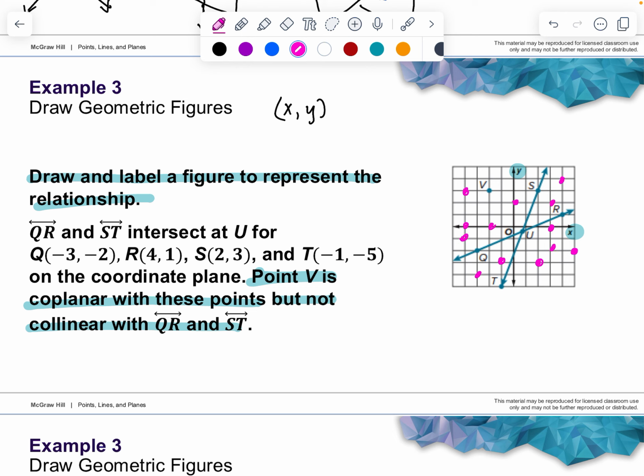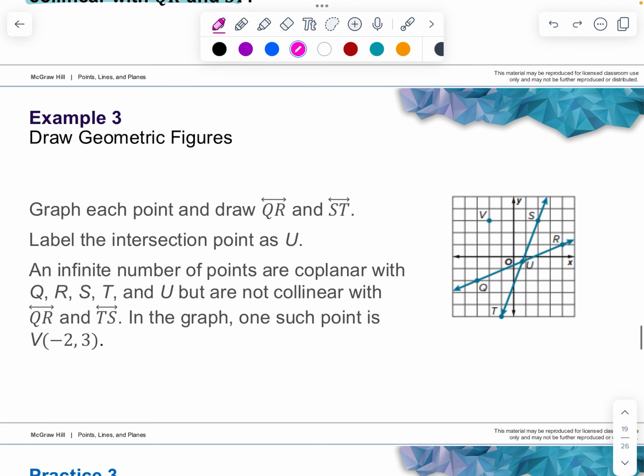Any of these points was fine, guys. Doesn't matter. There's no wrong answer, except for anything on this line or on this line. Those were out of bounds. Okay? So one such point is -2, 3. That was an acceptable point.